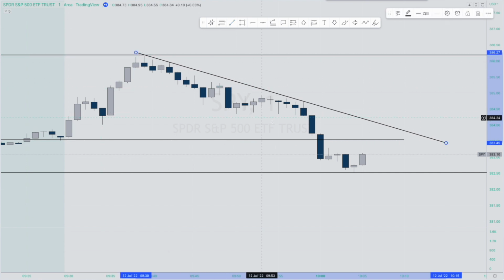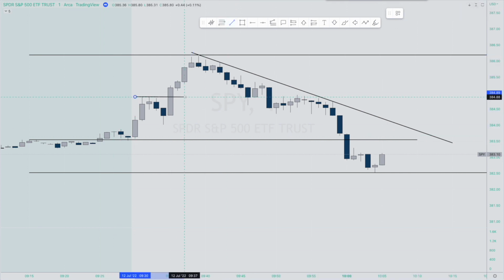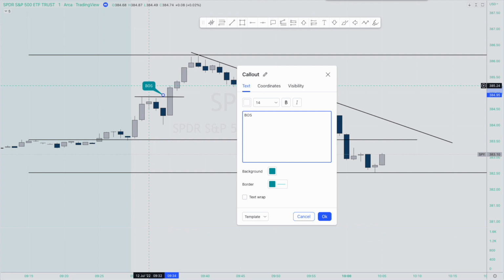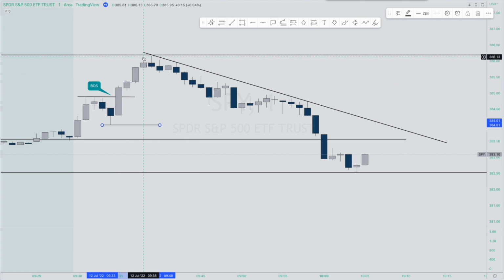So as you can see, the 1 minute, if we just draw out our 1 minute structure, we had a high right here. Here is your break of structure. We had a break of structure right here. So now that gives us a higher low. We had a high put in right here.